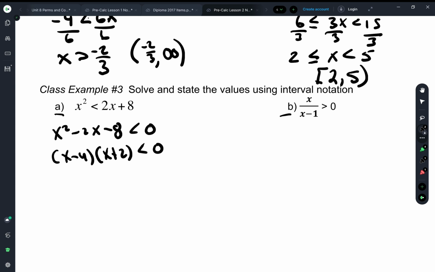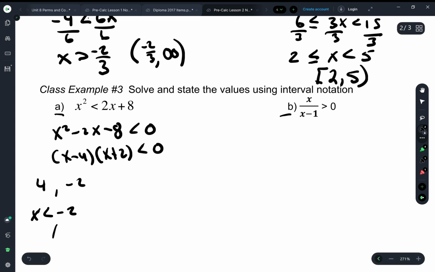We have a value of 4 and a value of negative 2 that we're calling critical values, that are zeros. So we're going to test around those. We're going to look at x less than negative 2, between negative 2 and 4, and then when x is bigger than 4.